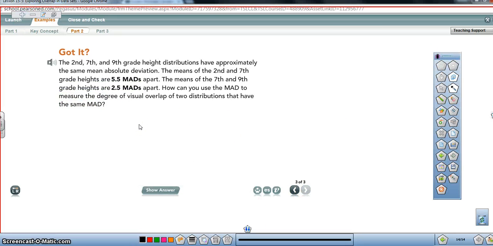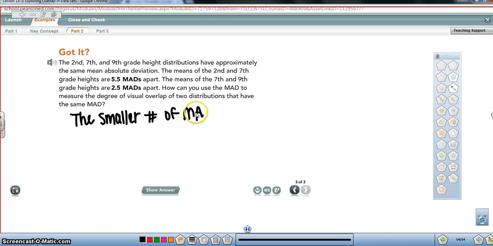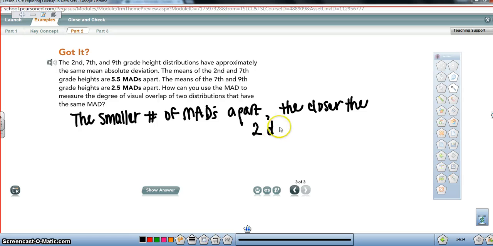So we could say that the smaller the number of mean absolute deviations apart, the closer the two data sets, and so the more overlap.